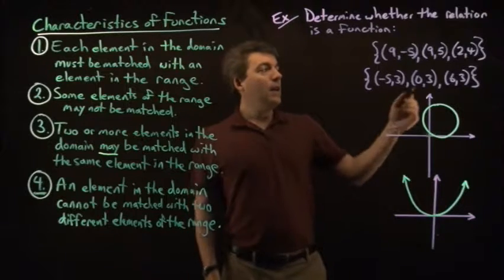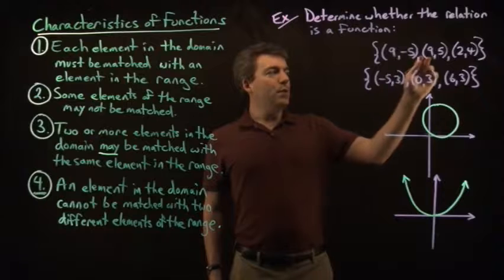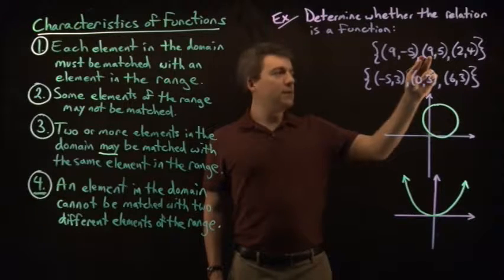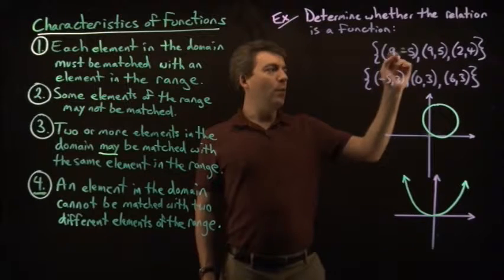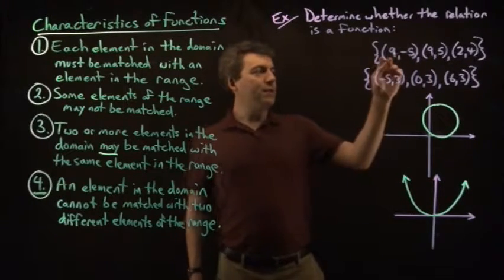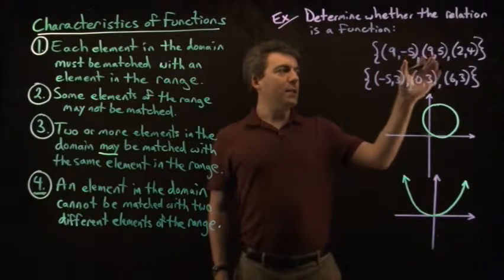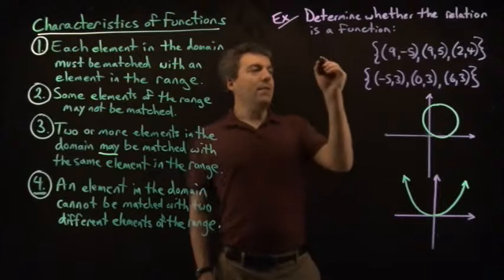All right, we can see here that we have 2 ordered pairs that match 9 with 2 different elements of the range. So this value of 9 in the domain is matched with 2 elements of the range. This is not a function.